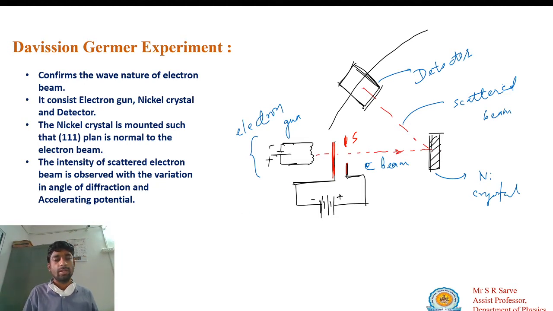So when the electron beam passes through this electron gun, it gets collimated by this slit, and when this electron beam passes, it is incident on this nickel crystal and gets scattered at different angles, and this is detected by using your detector.